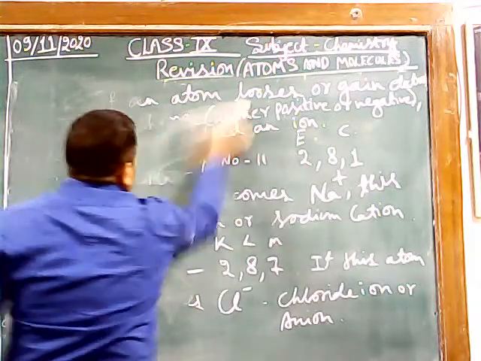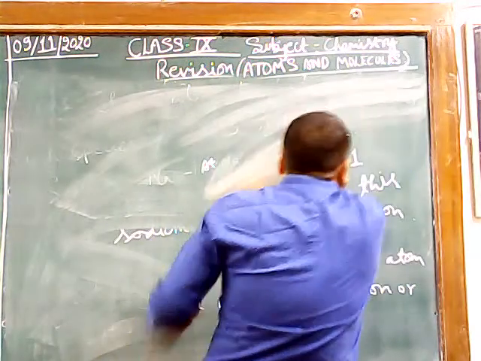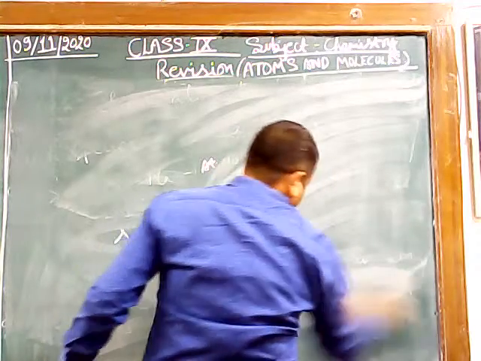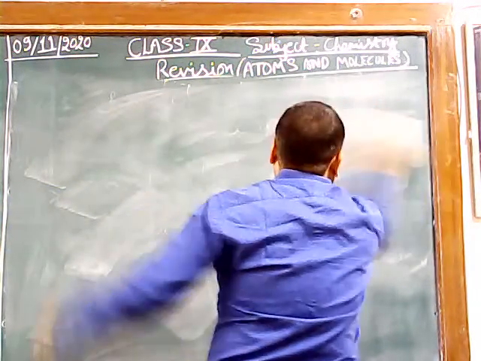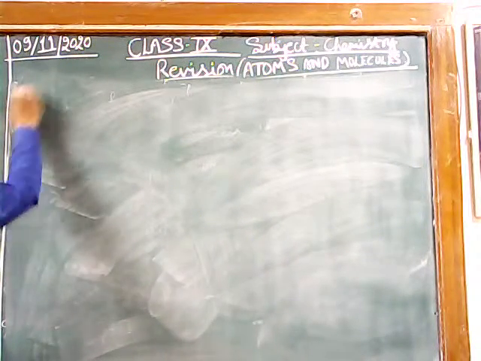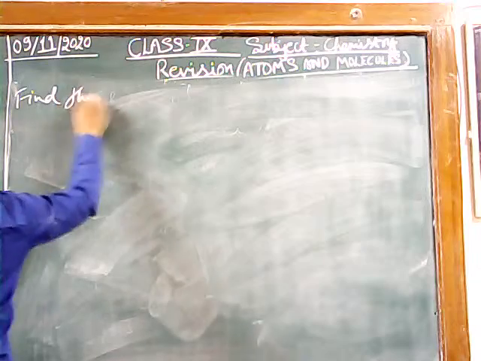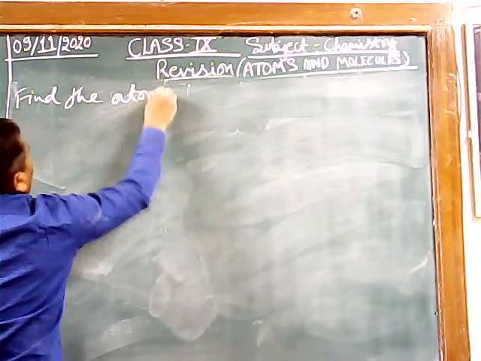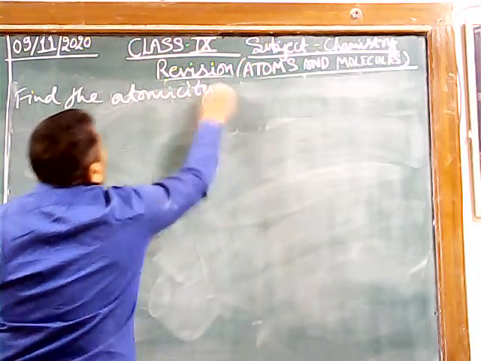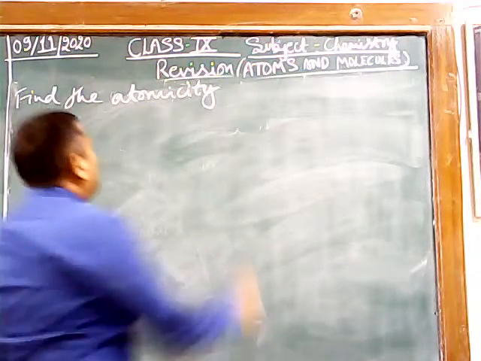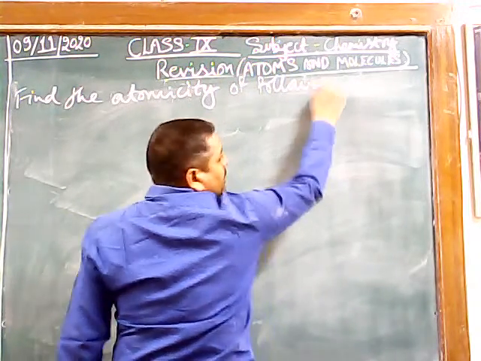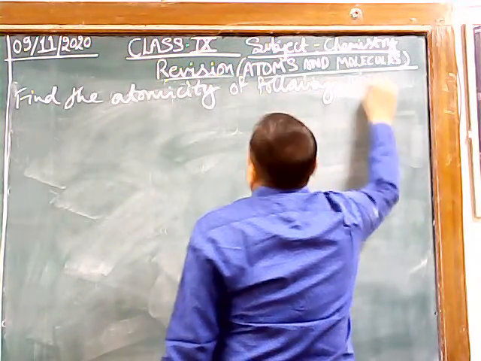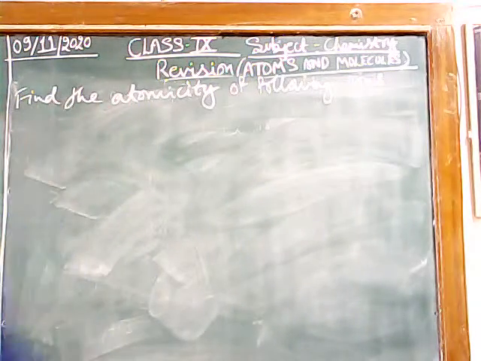For example, suppose now they will ask one question related to this. Find the atomicity of the ion. Atomicity means number of atoms found in an ion. Find the atomicity of following ions.